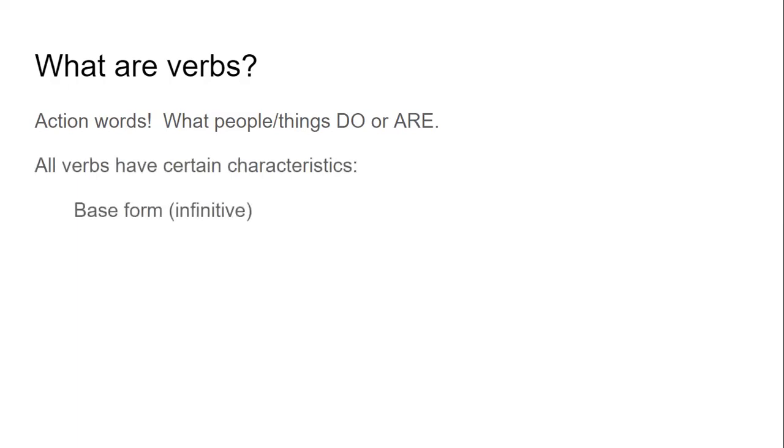They all have a base form, which is called the infinitive. And in English, our infinitives are formed with the word to in front of the verb. To be, to walk, to speak. That's the basic form of the verb.